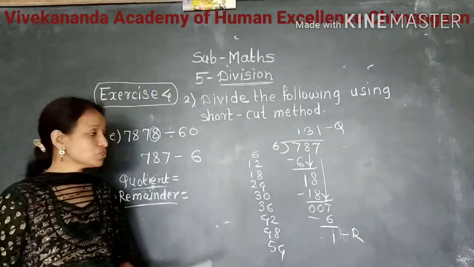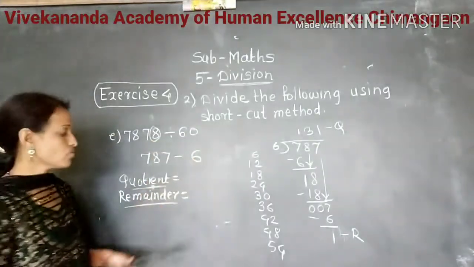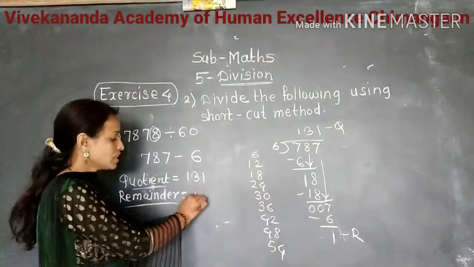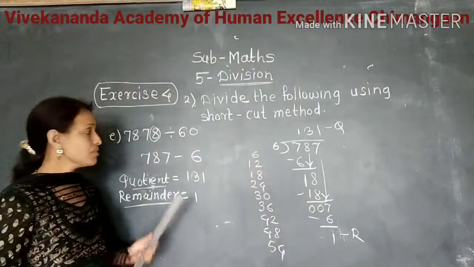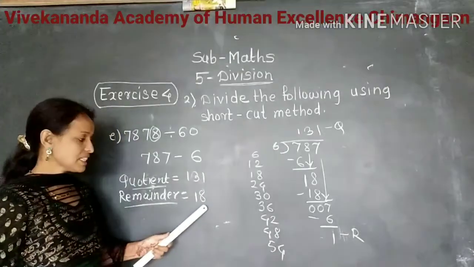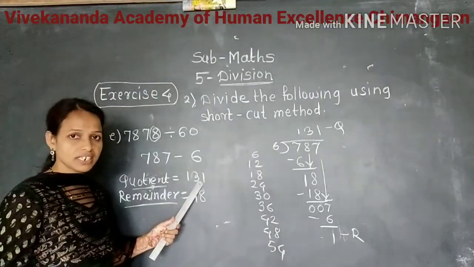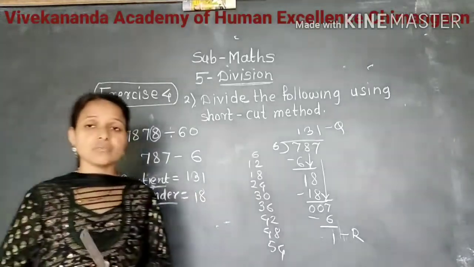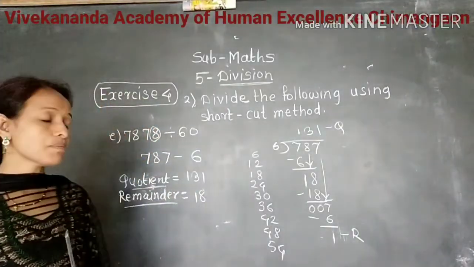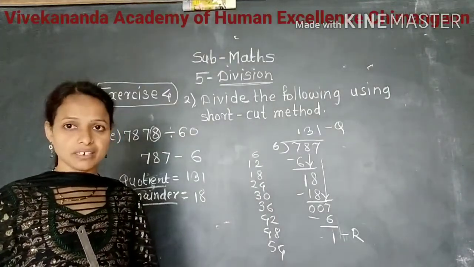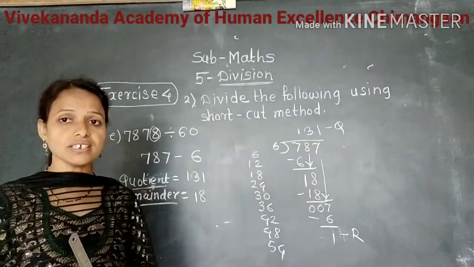But the required quotient of this division is 131, and for the remainder, write this 1 and in front of it the one's digit removed from the dividend, 8. So the required remainder is 18. The required quotient is 131. In this way, in this question number 2, we divided the given examples by the shortcut method and found the quotient and remainder by the following steps.